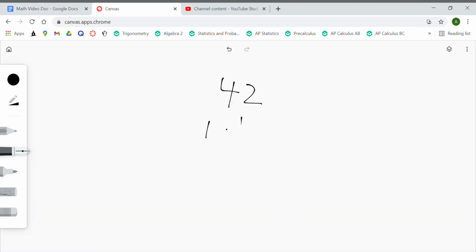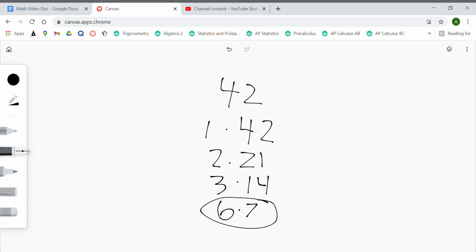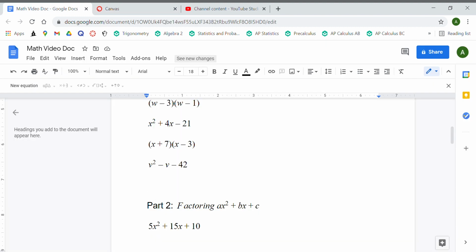It's going to be 1 and 42, 2 and 21, 3 and 14, 6 and 7, and there it is, 6 and 7. So we look at the factors that subtract to 1. It's going to be 7 minus 6.